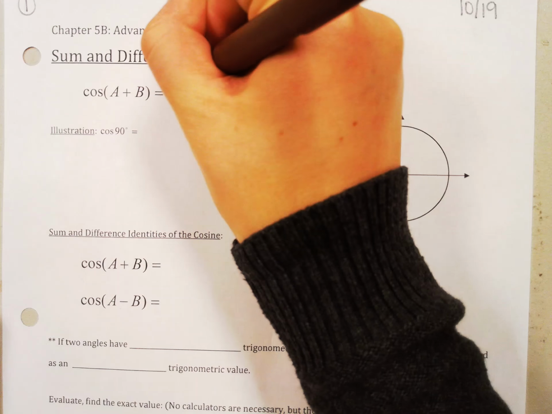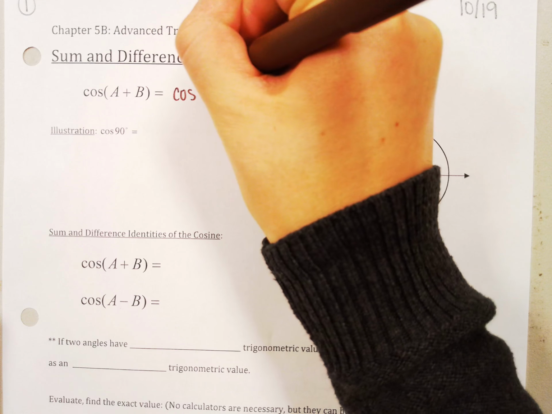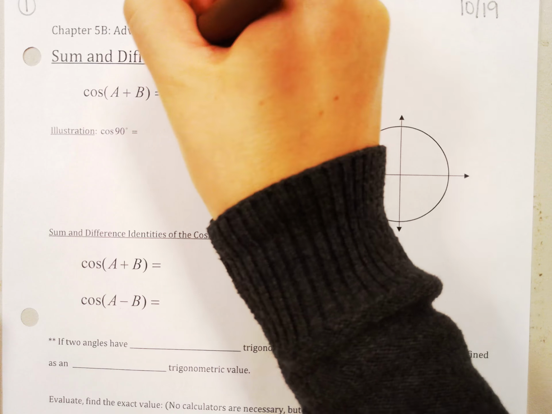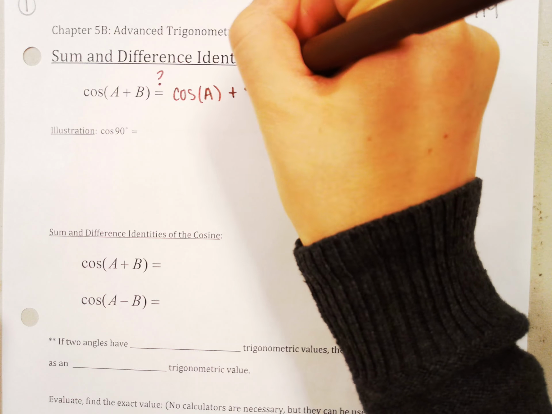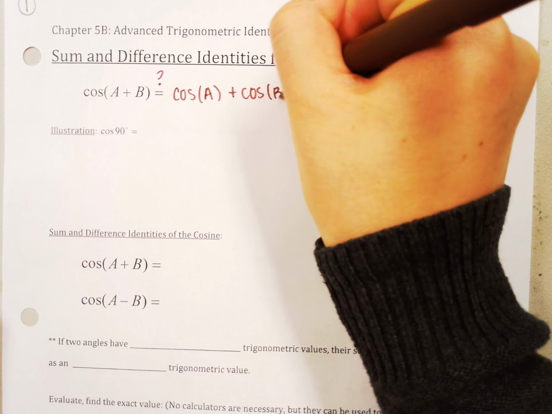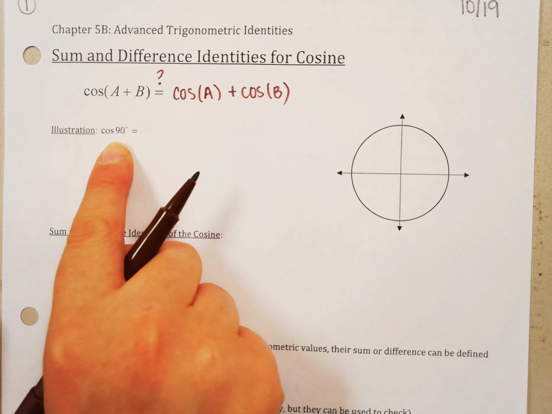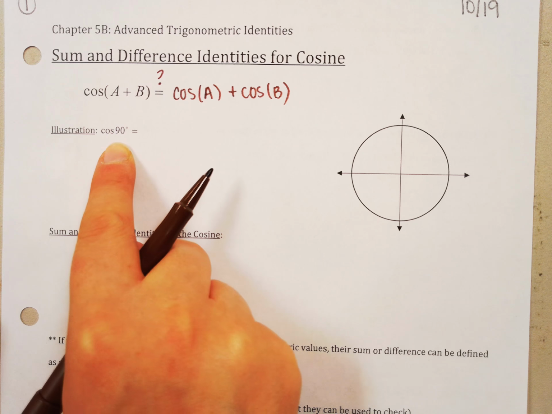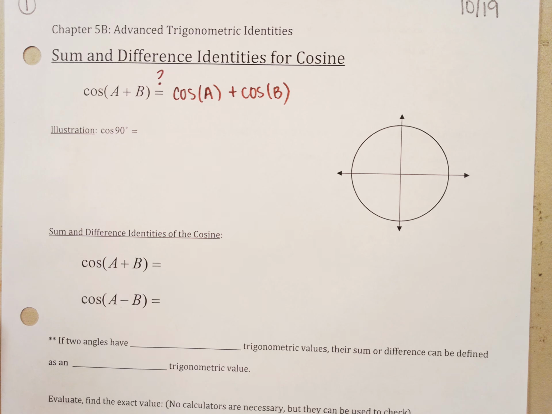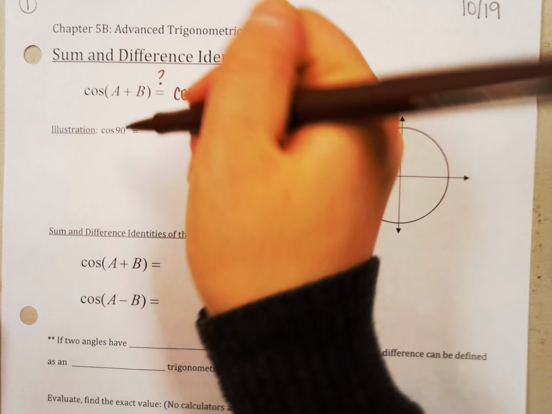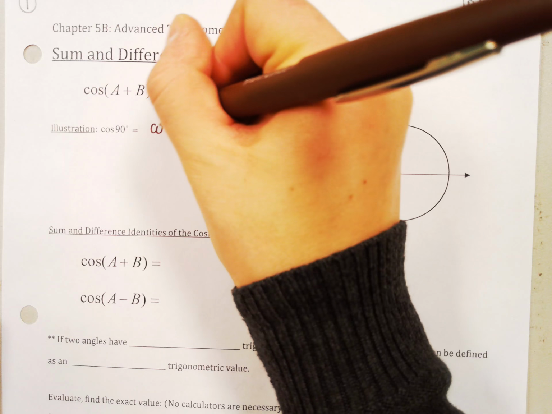So let's see. This is going to be the cosine. We're trying to decide, is this the cosine of A plus the cosine of B? And to decide whether that's true or not, we're going to look at an illustration. We're going to try to figure out if this is actually something that we can do. So we can break up 90 into two values that would add together to give 90. So let's pick 30.